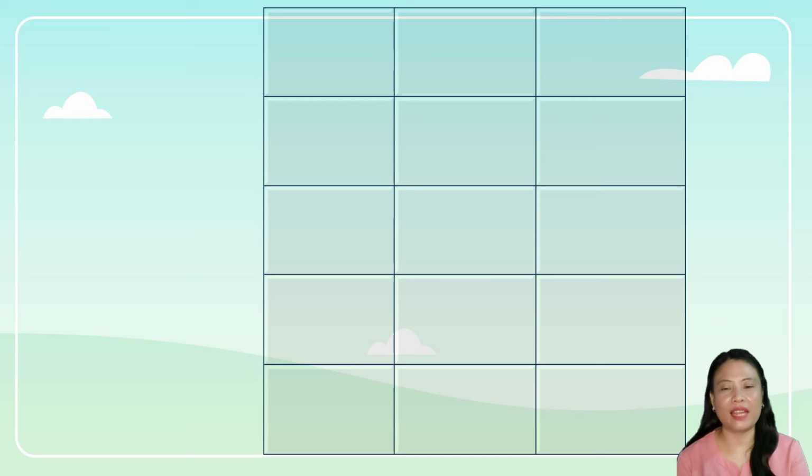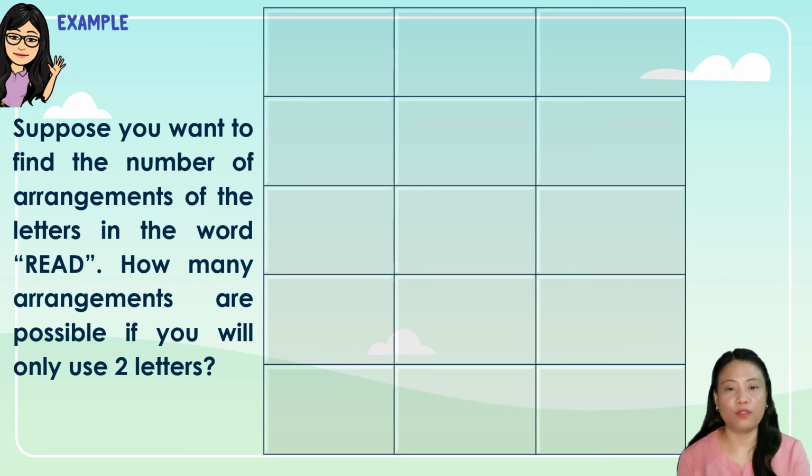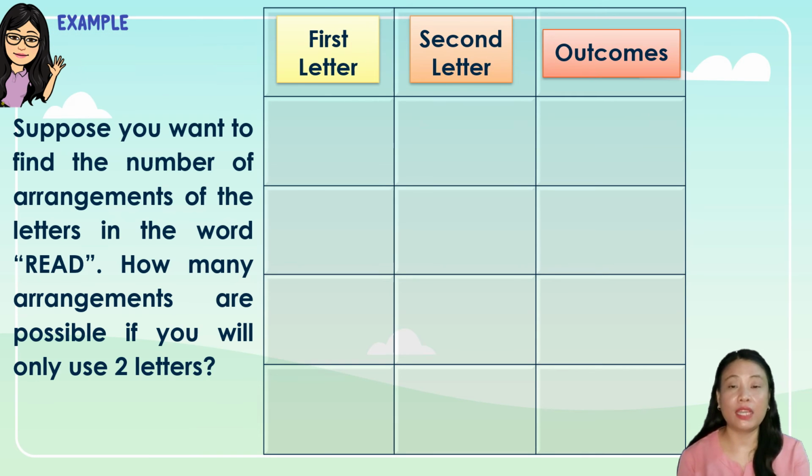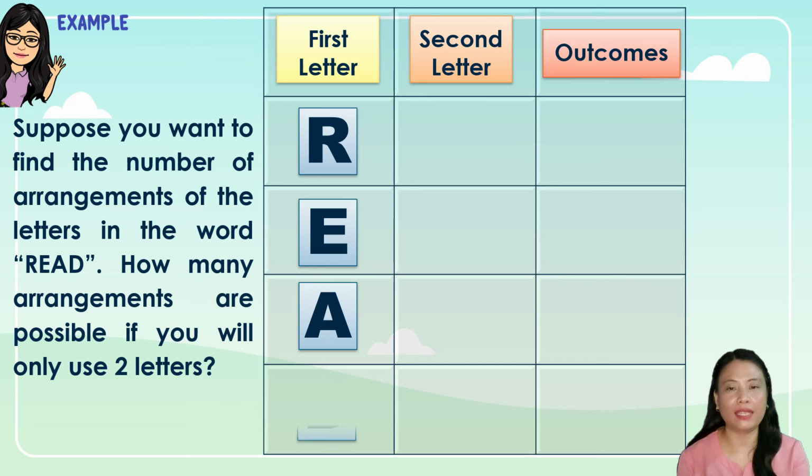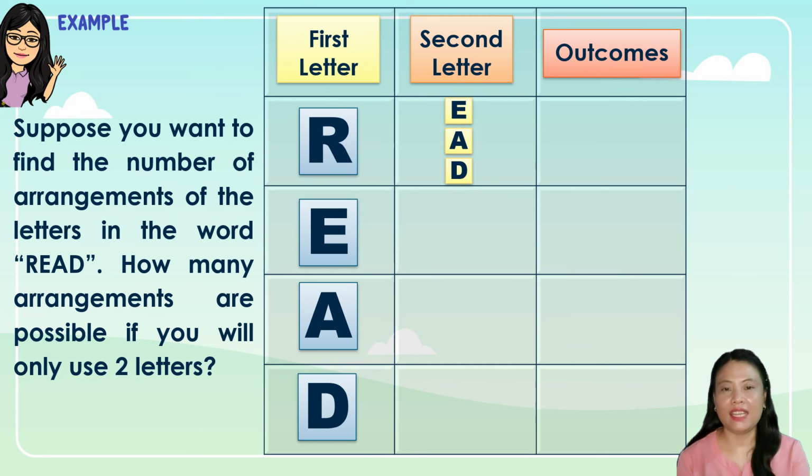Let us have our last example. Suppose you want to find the number of arrangements of the letters in the word R, E, A, and D. How many arrangements are possible if you will use only 2 letters? Let's solve using the table. We can have the illustration. The first letter can be the letters from R, E, A, and D. If R is chosen, then E, A, and D are the available letters for the second letter.